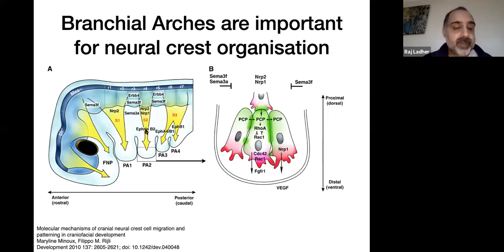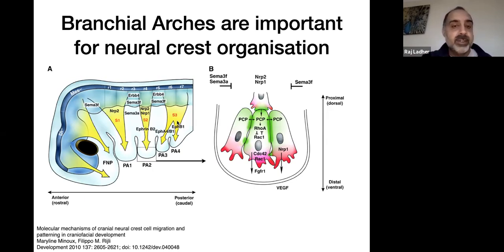And so this kind of brings another point. These molecular systems are involved in patterning and segregation of the neural crest, or in other systems such as when we're thinking about the convergence and extension migration during gastrulation. These molecular systems are used again and again.